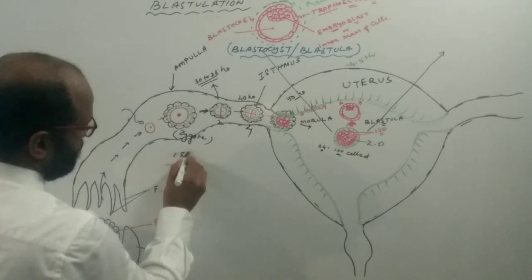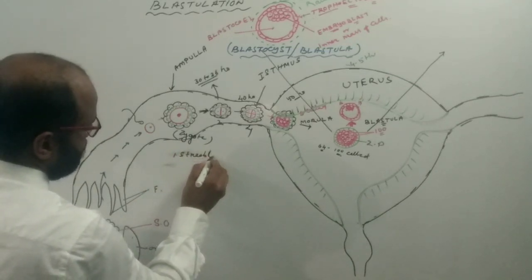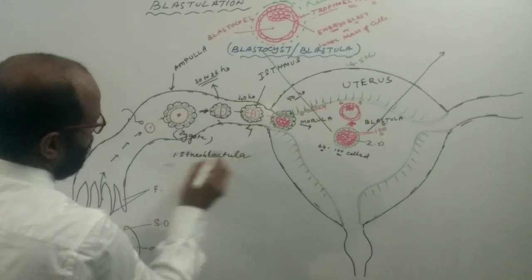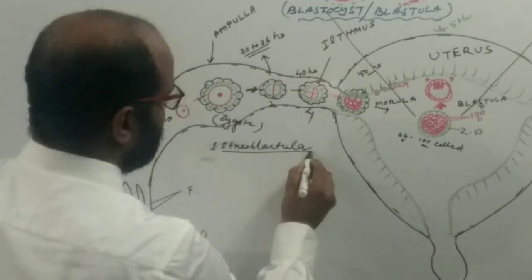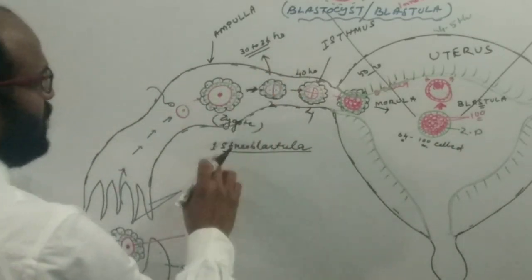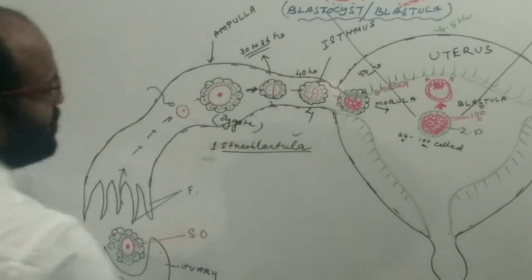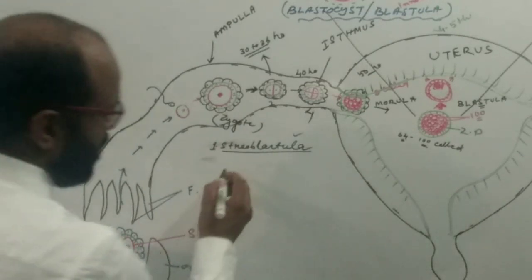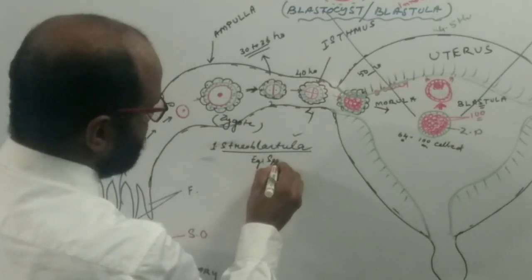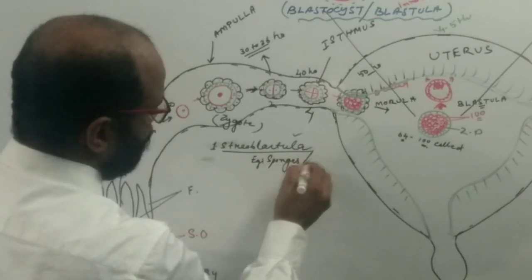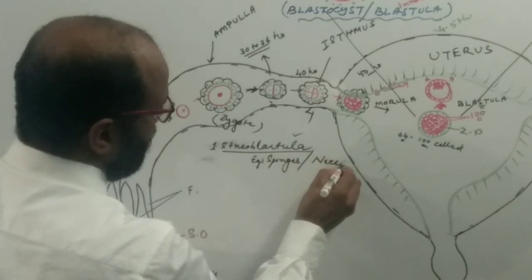Without a blastocoel, the blastula is known as the stereoblastula. Such a type of blastula is found in sponges and nereis.